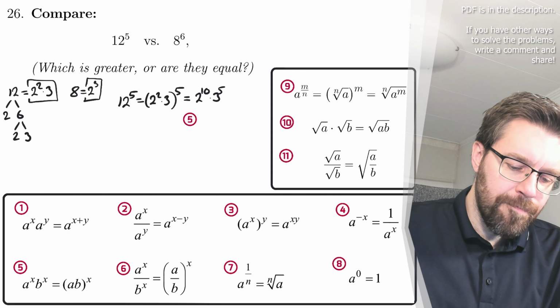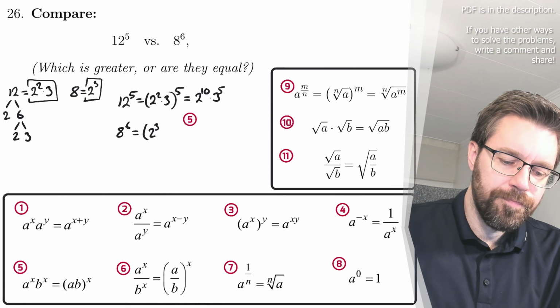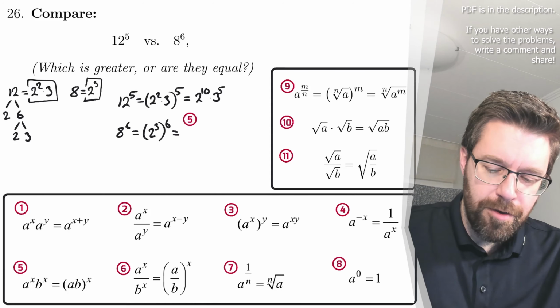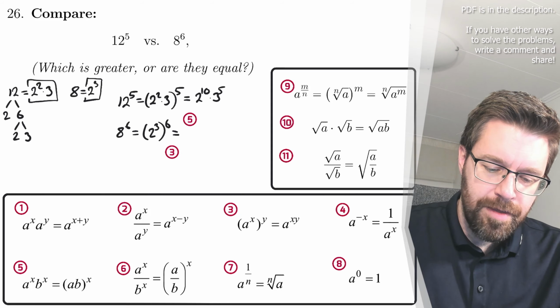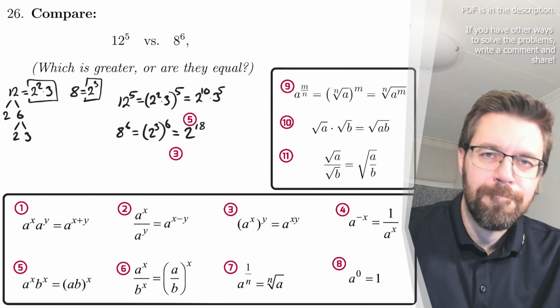Okay, next one. 8 raised by 6 equals, the 8 was 2 raised by 3, and then raised by 6. And then we move the exponents in with rule number 3 and get 2 raised by 18.